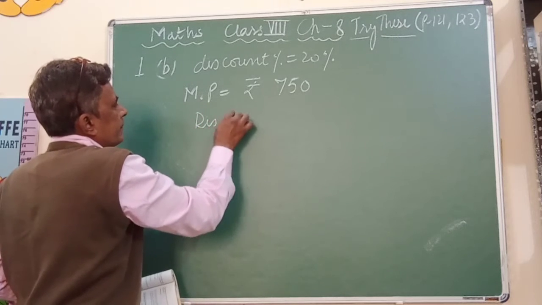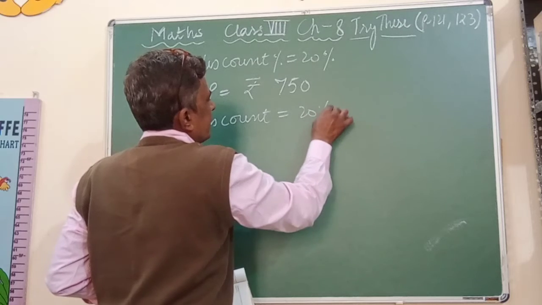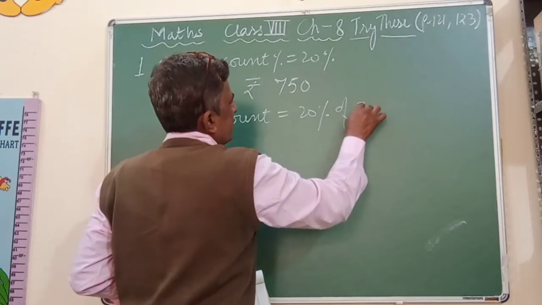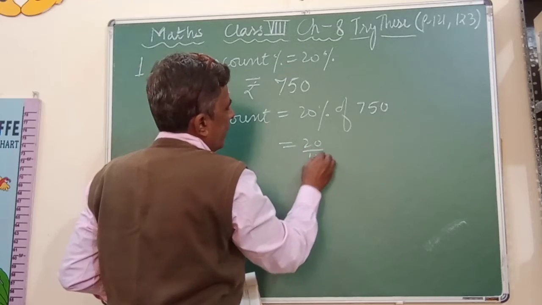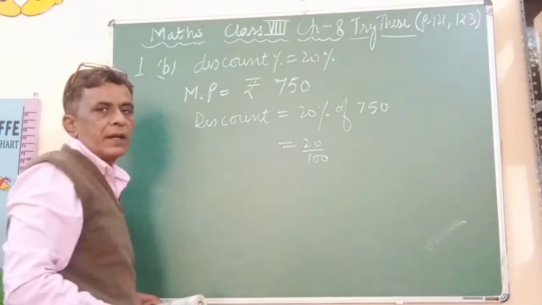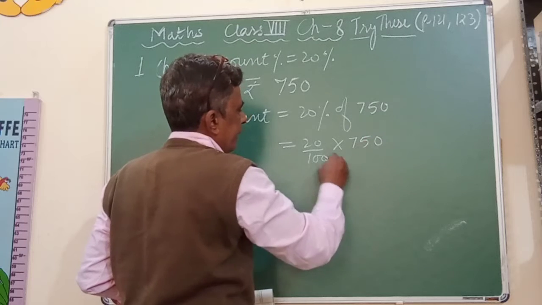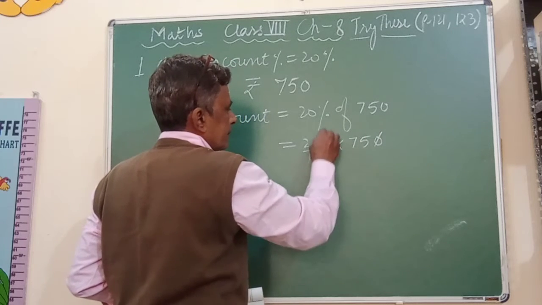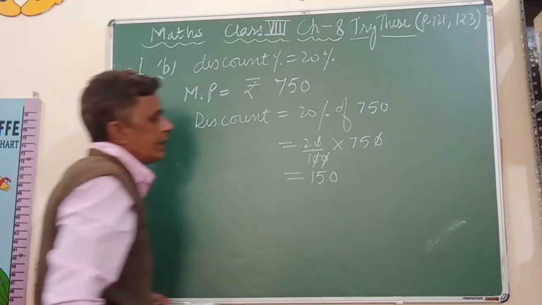Discount is equal to 20% of 750. 20 upon 100, percent is per 100, of is into 750. 150 is the discount.